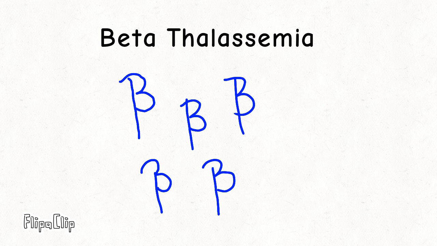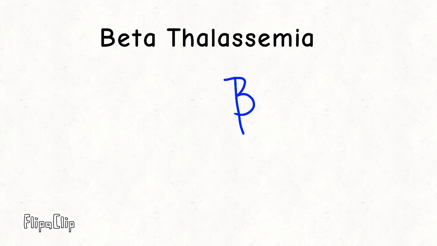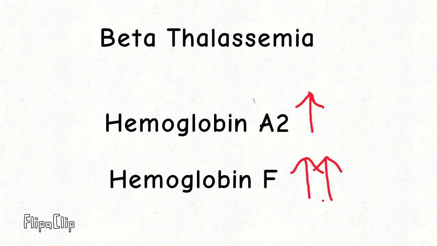Instead, depending on the severity of the beta thalassemia, you may have decreased or absent hemoglobin A and increased A2 and hemoglobin F.